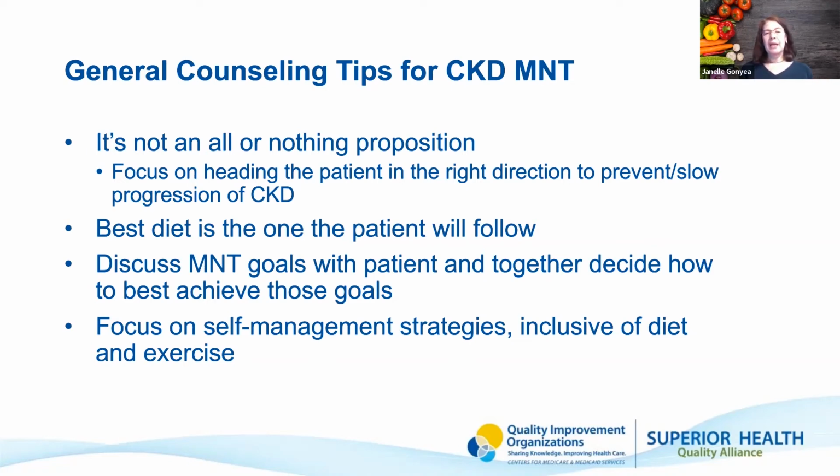And when we look at adherence, especially to complicated diets, we really need to have this flexibility with the patient to sustain their changes. We do know the best diet is the one the patient will follow. So this is where the shared decision-making comes in. We have to sit down with our patients. These are our goals. How can we meet in the middle to make sure that they're able to achieve those goals?